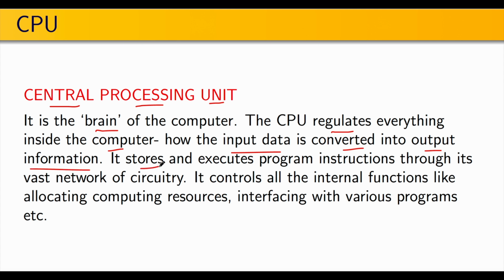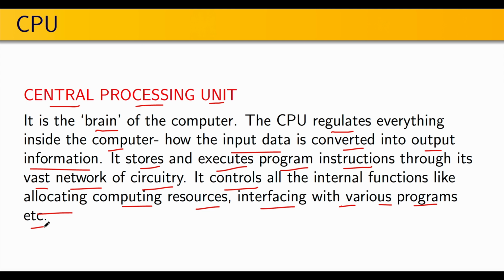It stores and executes program instructions through its vast network of circuitry. It controls all the internal functions like allocating computing resources, interfacing with various programs, etc. So it does almost everything that a computer is supposed to do. So that's why it's called the brain of the computer.